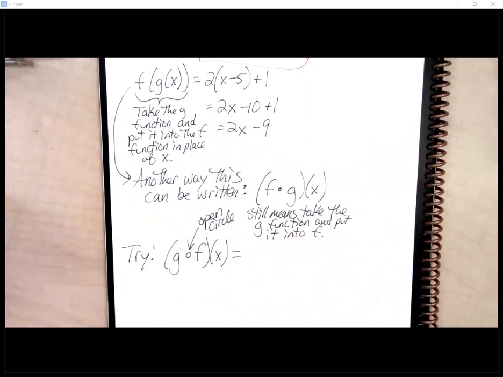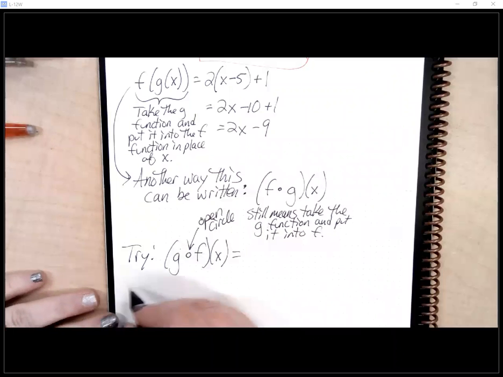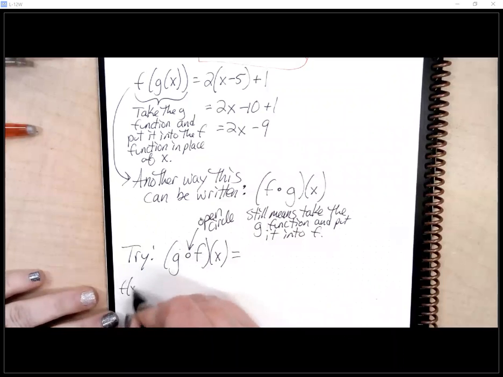So you always start with whatever one is closest to the X over here. So you're going to take F and put it into the G. I'm going to rewrite my functions down here just so I have them, and I can draw my arrows because I think that can be helpful.